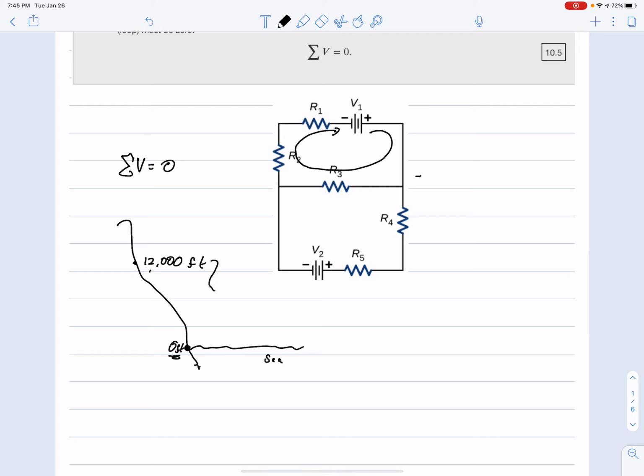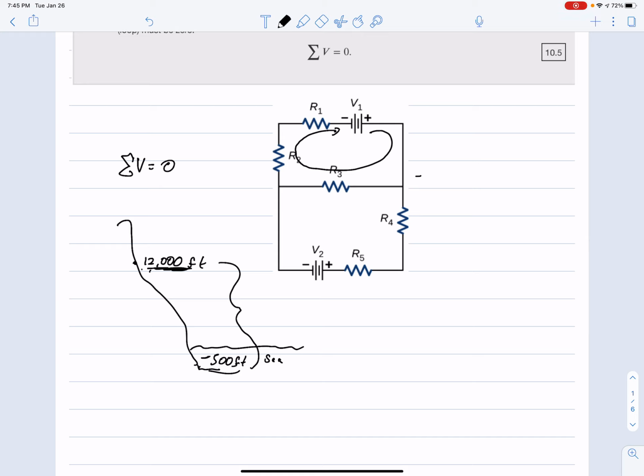Because now I am taking the difference from my final position to my initial position to get the measurement that it is actually 12,000 feet. But if I pick my reference point to be sea level, and my sea level is, let's say, 500 feet below, then my height won't actually be 12,000 feet.